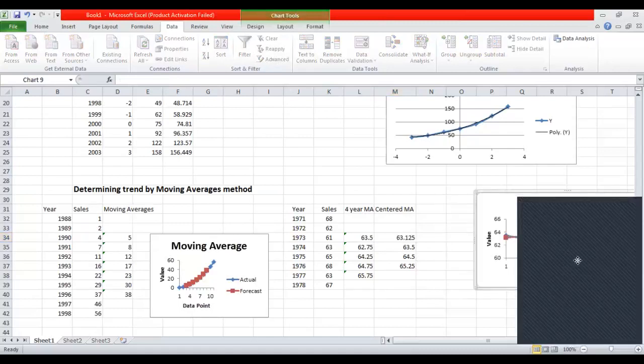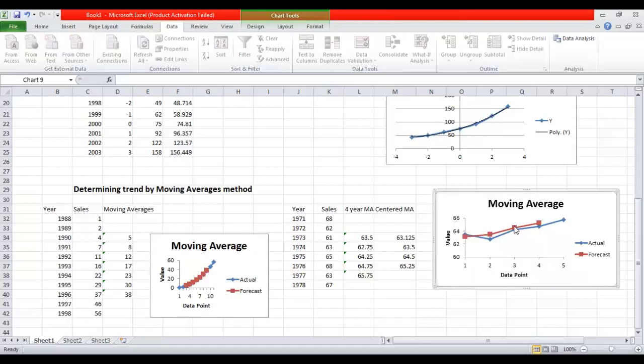If you observe, this blue color indicates the 4-year moving average trend line, and this maroon color, that is the actual, is the centered moving averages trend value. So in this way, we find the trend values.